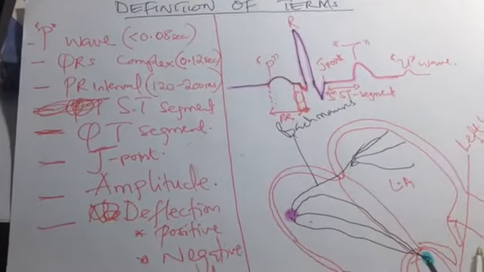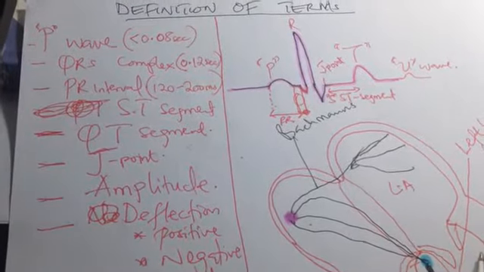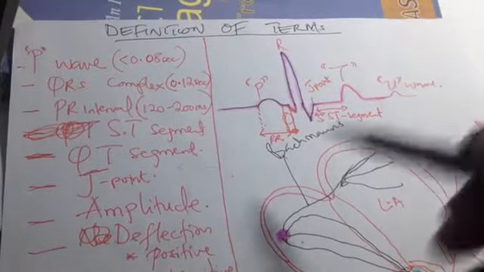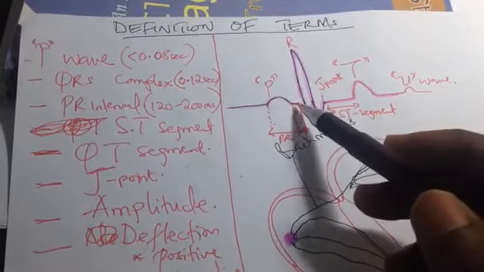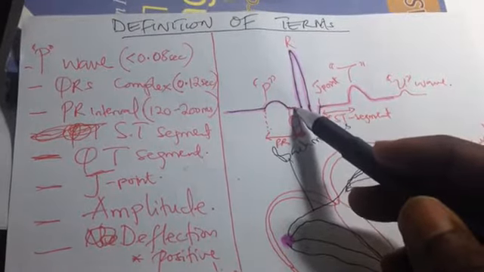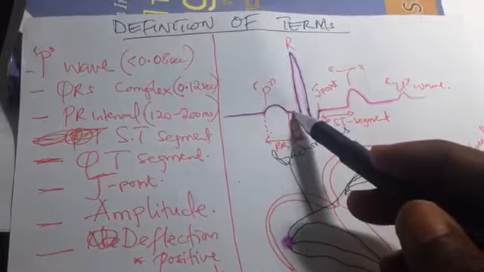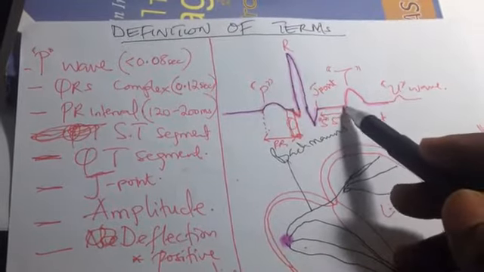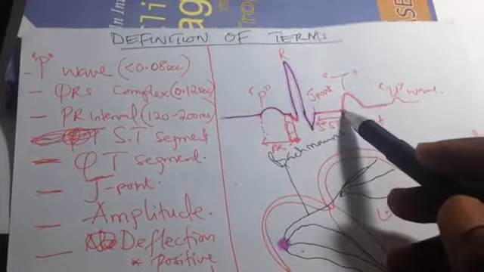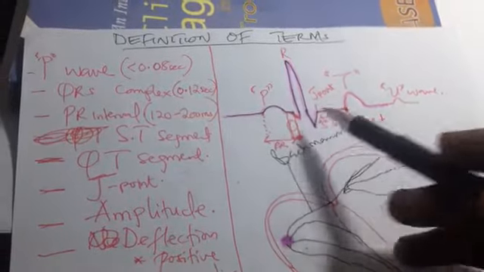Now we are going to see the QT segment. The QT segment is from the beginning of this QRS complex up to the beginning of this T wave. So this is the QT segment.